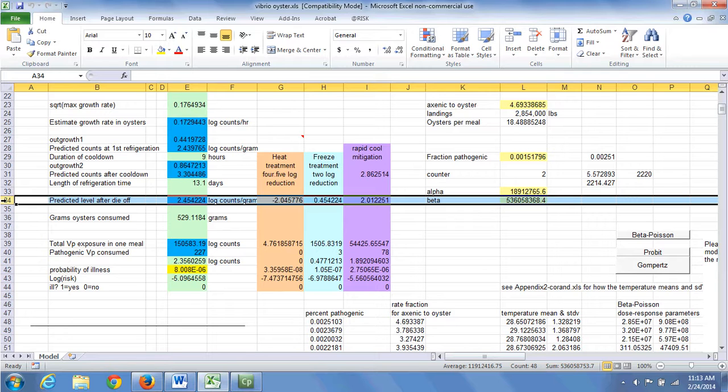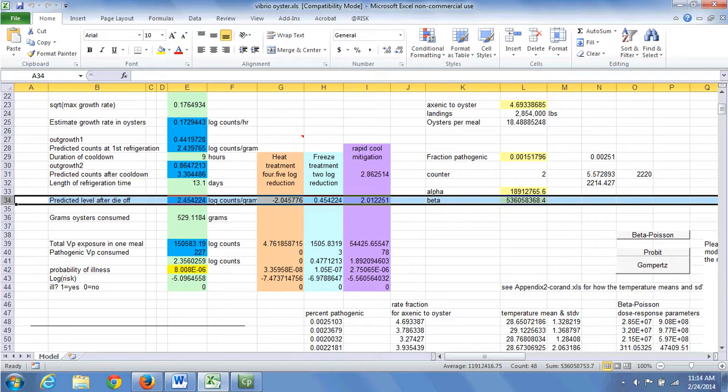But if you cooked the oysters for a 4.5 log reduction, that would go down to a -2 log count. If we freeze the oysters, which would result in a 2 log reduction, it drops down to 0.45. And rapid cooling would reduce it from 2.45 to 2.0.